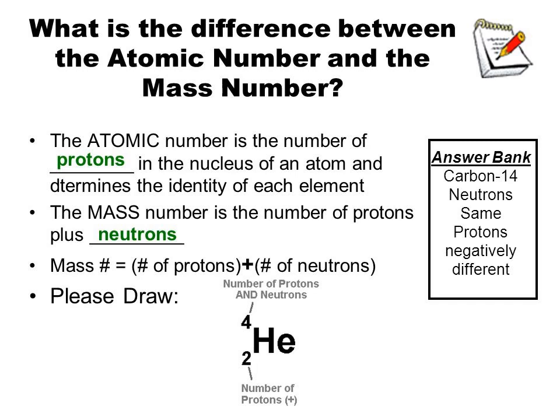Next one, atomic number and mass number. What is atomic number? Atomic number is the number of protons in the nucleus of an atom, and it determines the identity of each element.